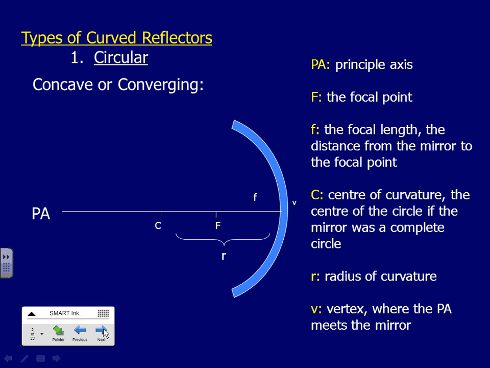So capital F and capital C are points or locations, and R and lowercase f are distances or lengths, right? So lowercase f is the focal length, the distance from the focal point to the mirror. All right, that's awesome.